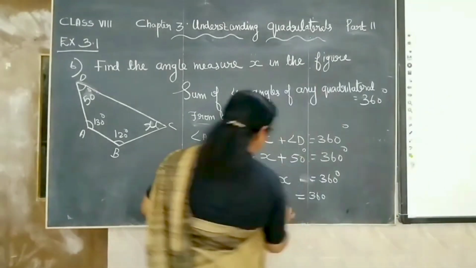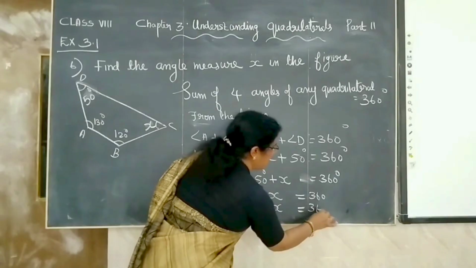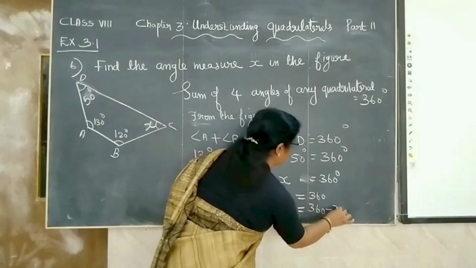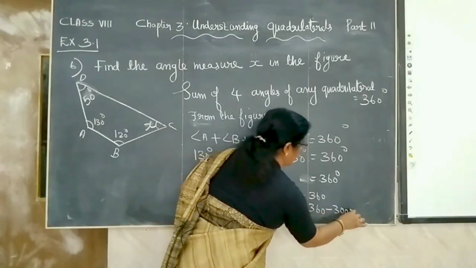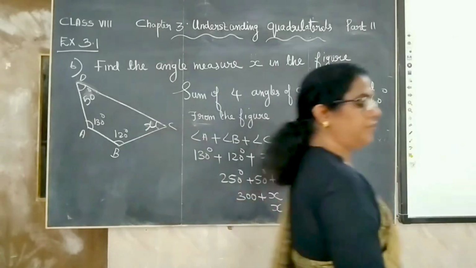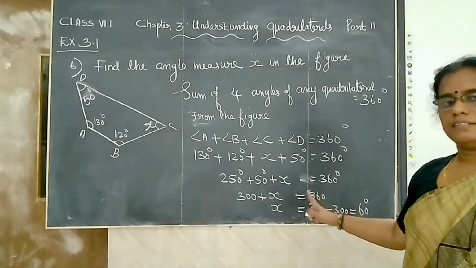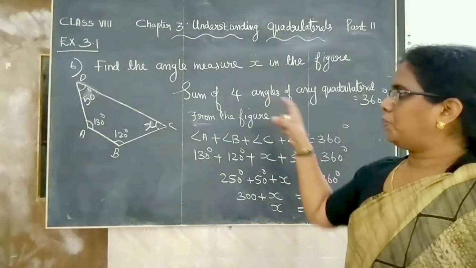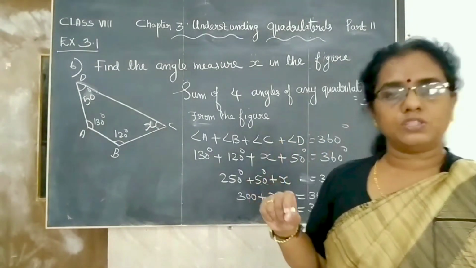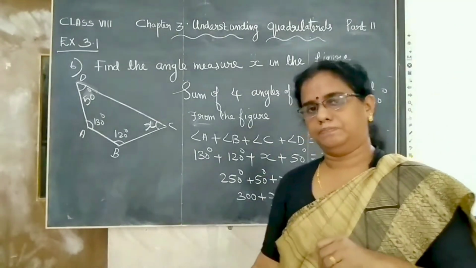So X we can write as 360 minus 300, which is equal to 60 degrees. Therefore, the measurement of X is 60 degrees. This is the answer. Here we are applying the property that the sum of the four angles of a quadrilateral is 360 degrees.